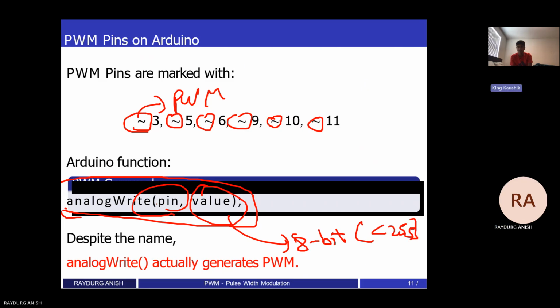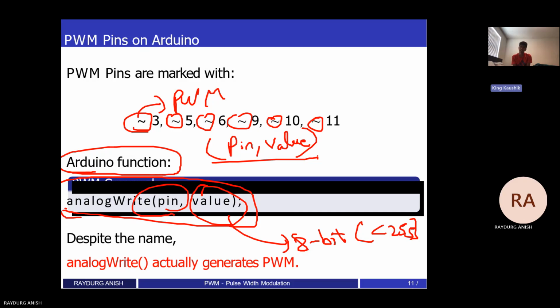So you can write this as well: analogWrite, bracket, corresponding pin, and then the value. It could be like 11 comma 40. Eleven comma any value you want according to the duty cycle. So if you want 50%, you put it as 127.